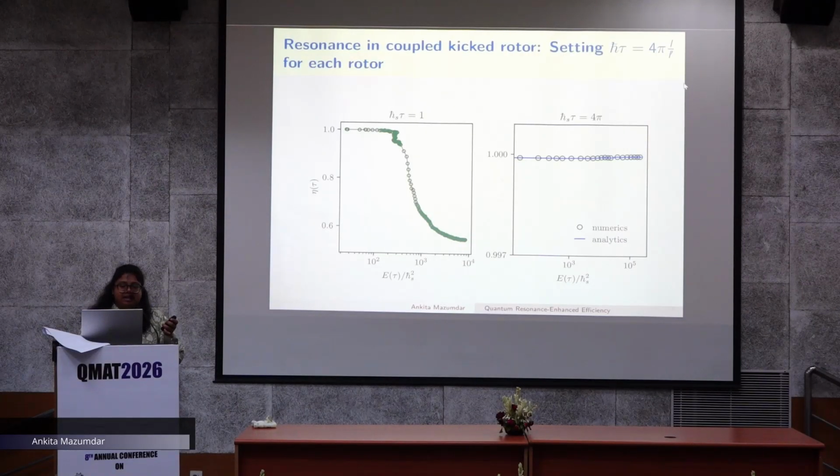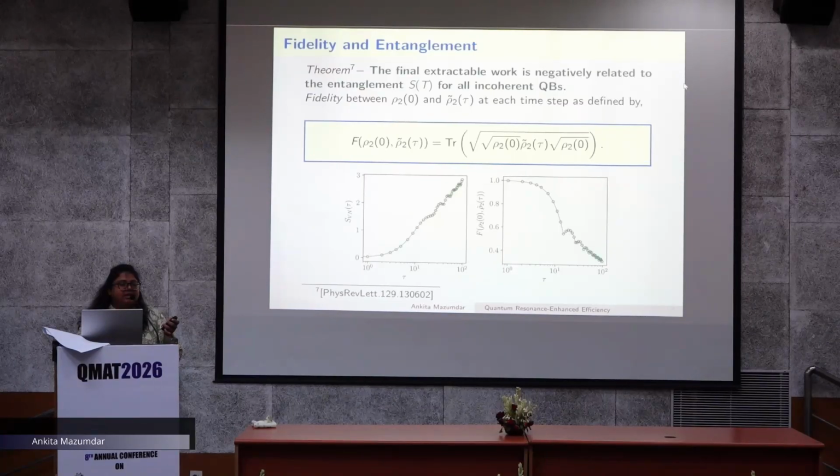As I have told, for systems which exhibit unit efficiency, the passive state must fall to the ground state. So here we have verified this by two quantities: one is the von Neumann entropy and another is the fidelity. Fidelity we have calculated between the time evolved passive state and the ground state.